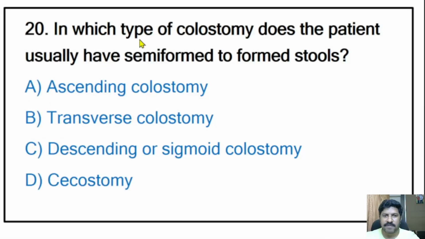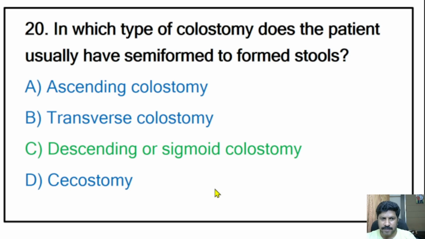20th question. In which type of colostomy does the patient usually have semi-formed to formed stools? Ascending colostomy, transverse colostomy, descending or sigmoid colostomy, cecostomy. So the correct answer here is descending or sigmoid colostomy. The descending and sigmoid colon is the end part of the large intestine.